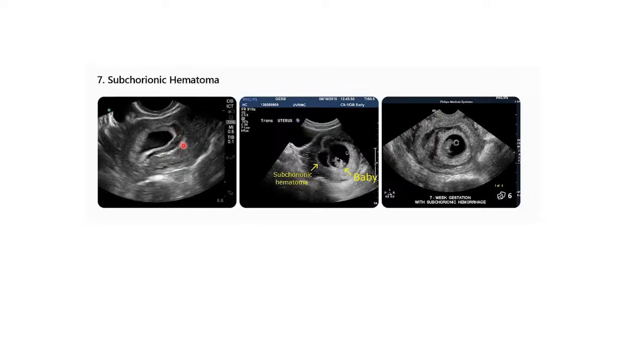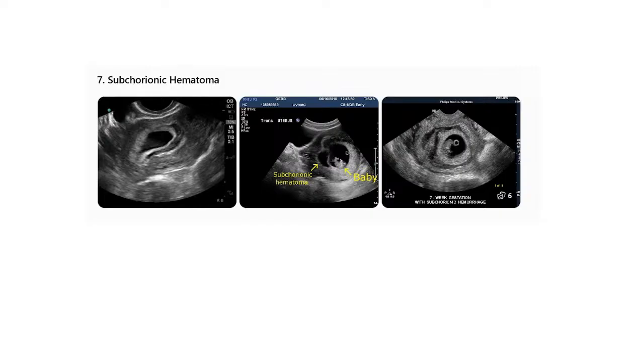So this is a hemorrhage, the bleeding in the subchorionic space. You can see in here it seems as if the gestational sac is detached, and then there's a hemorrhage all over here. So you must take note of a subchorionic hemorrhage and the threats that it can pose to the existing pregnancy.